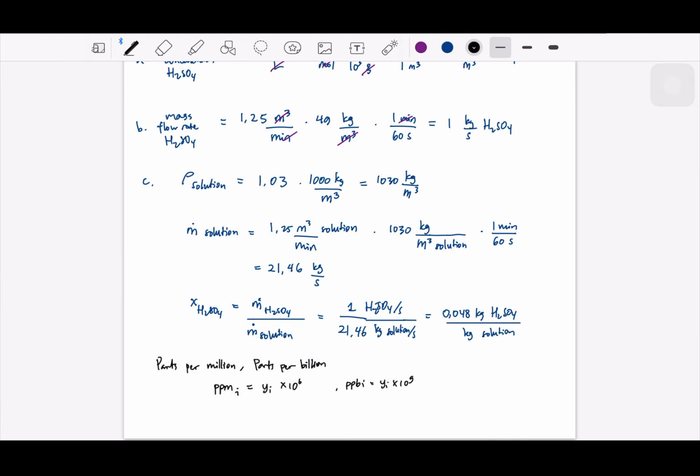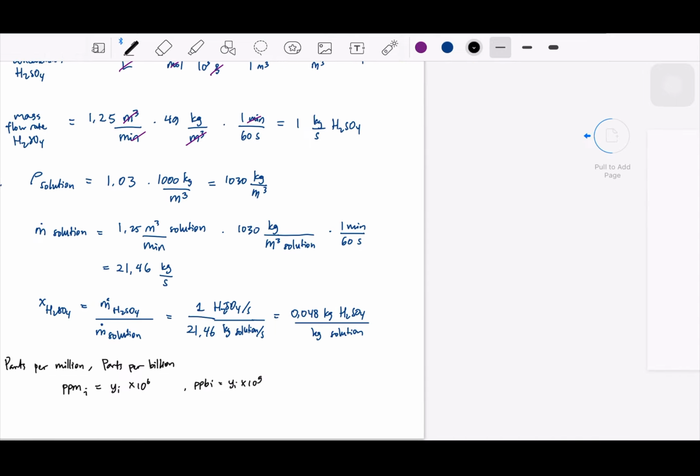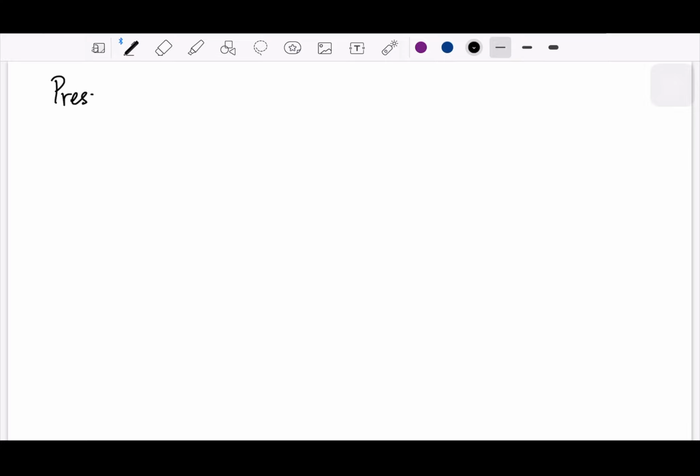Okay, we can move to, I think, the last two sections, the pressure and the temperature. Pressure, as in physics that you might have learned, is the ratio between the force and the area. So we can have the unit as Newton divided by meter squared, or pounds per square inch, or psi.